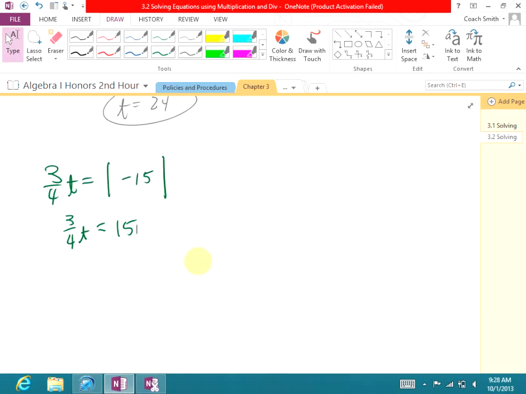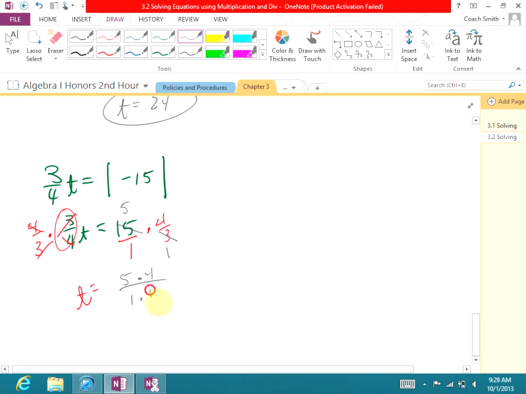Okay? So now, you just simply do the reciprocal. You do the reciprocal of 3/4, which is 4 over 3, to both sides. These cancel, leaving me with t again. 3 goes into 3 once, 3 goes into 15 5 times. So that leaves me with 5 times 4, 1 times 1, t is equal to 20.